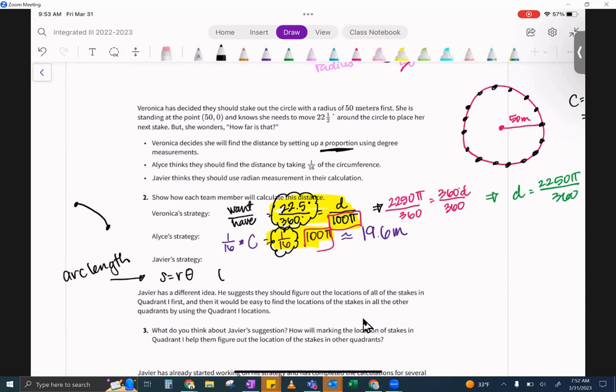So we know that theta equals, if I solve that for theta, S over R, which in this case, the S is going to be your circumference, right?